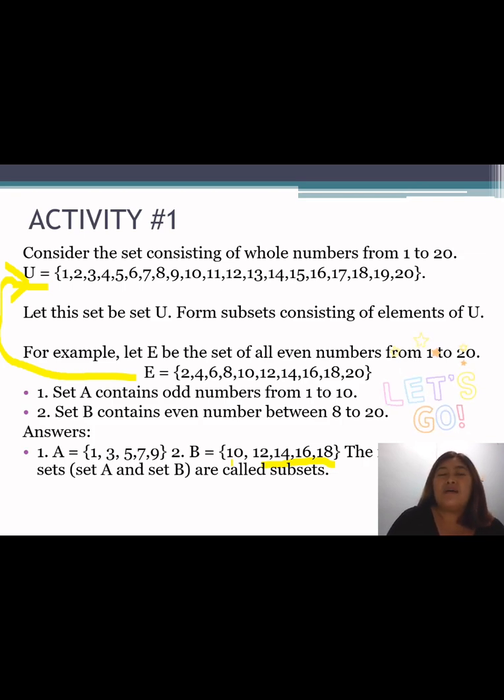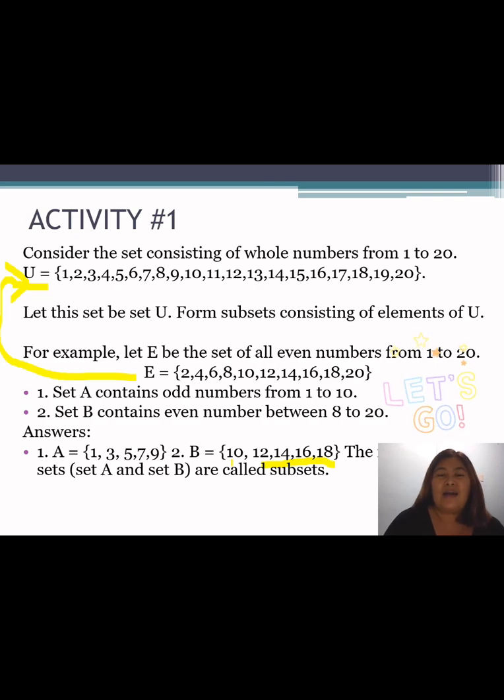Because set B contains even numbers between 8 and 20. It didn't say from 8 to 20, it is between 8 and 20. So what are those numbers? 10, 12, 14, 16, and 18. So therefore, again, set E, set A, and set B are all subsets of universal set U.